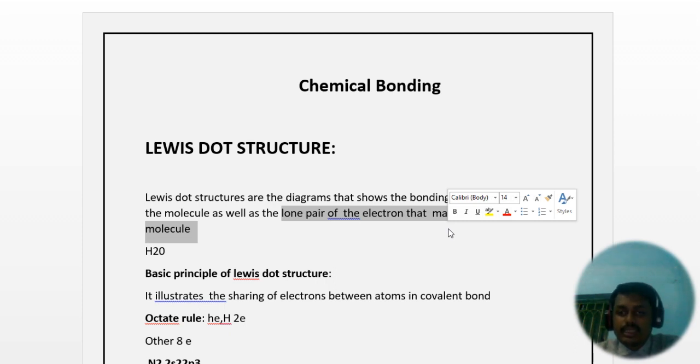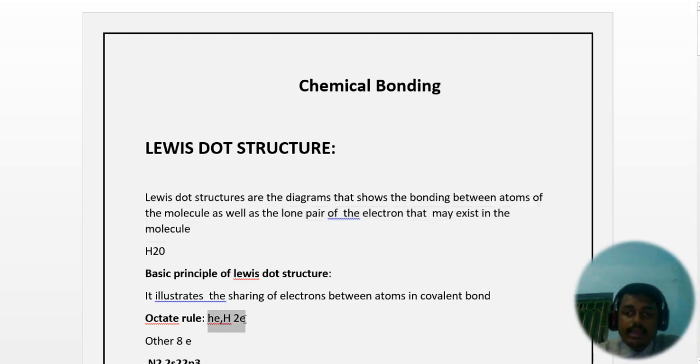The principle illustrates the sharing of electrons between atoms in the covalent bond. In the octet rule, it is described that except helium and hydrogen, all other elements require 8 electrons to be stable.